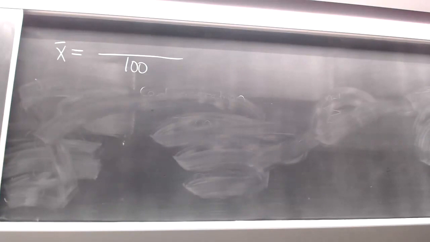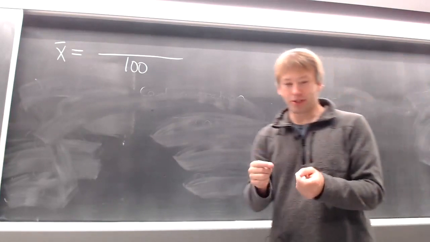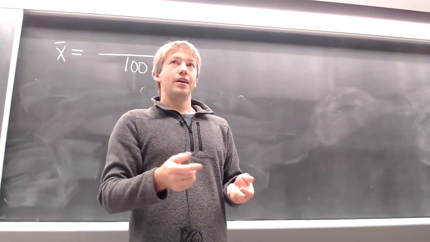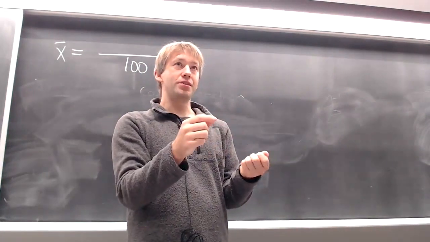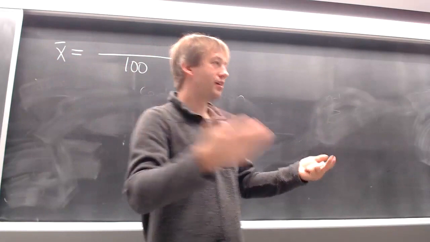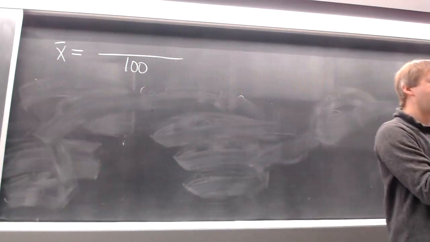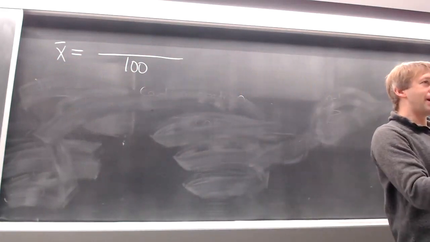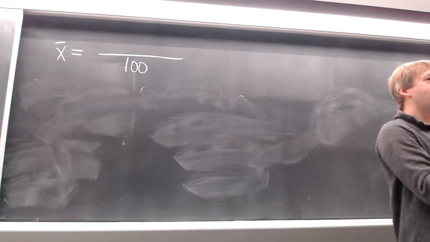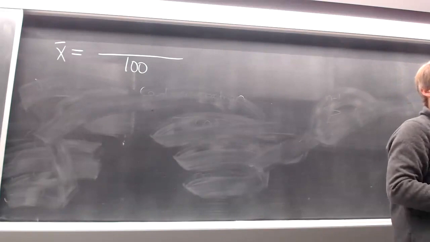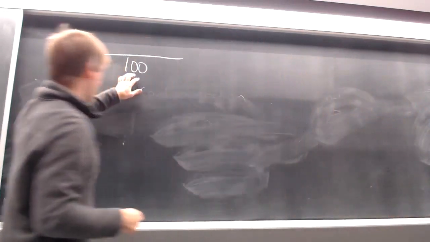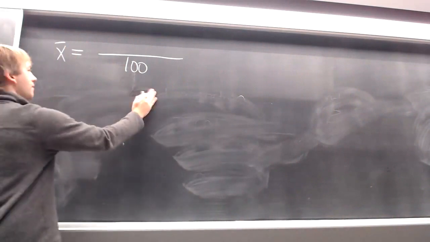So if you wanted to compute that average, imagine you're taking this survey: you'd ask a person how many pairs, they'd say 3, you'd add 3 to your total, they would say 5, you add 5 to your total, another person says 5, you add another 5, and then at the end you just divide the whole thing by 100, right? So yeah, we're going to want 100 on the bottom.